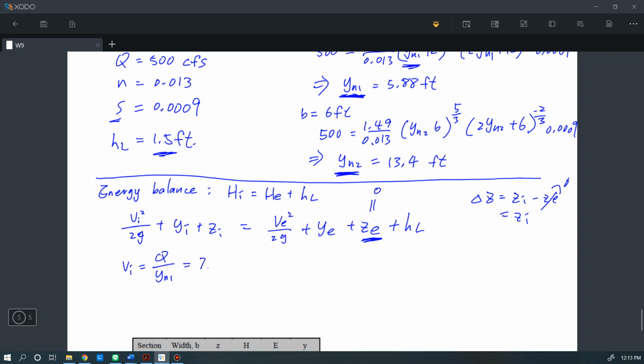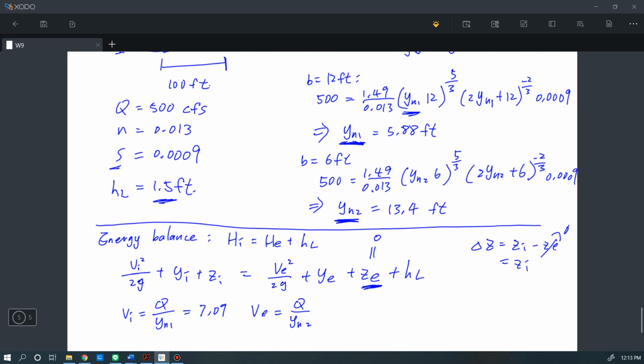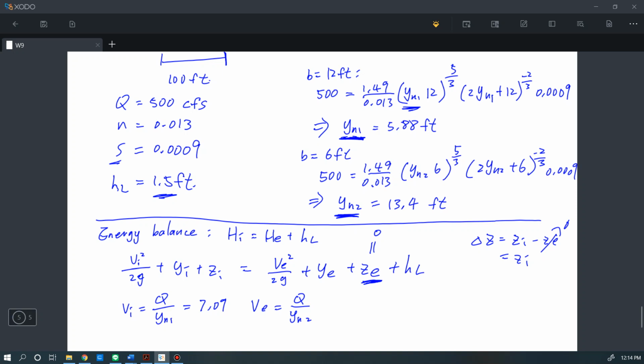That is 7.09, and VE is Q divided by Yn2, and we have all those values shown above. That is equal to 6.23.